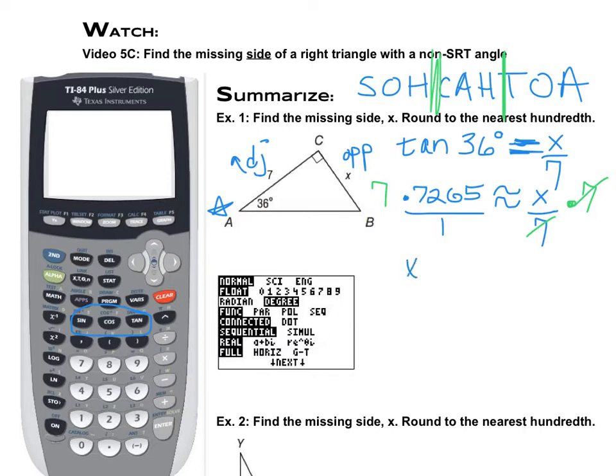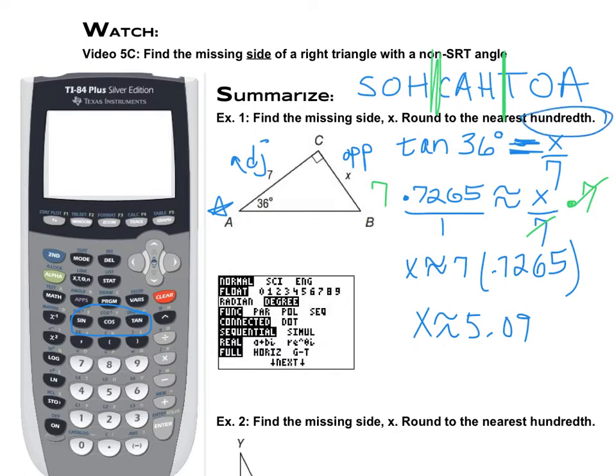Our x is going to be approximately equal to 7 times 0.7265, or we're going to get approximately 5.09. And do keep in mind how many decimal places you're being asked to round to, and that's to the nearest hundredth, or 2 decimal places here.